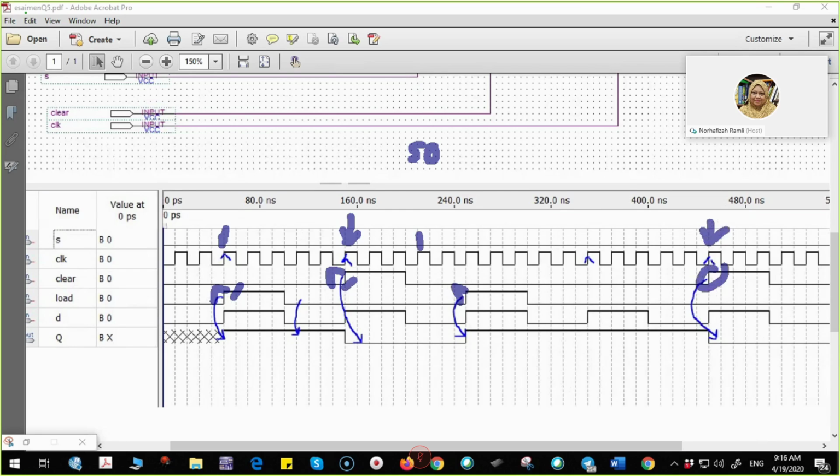That is why kita ada apa? We say about setup time and hold time. So the setup time, bermakna make sure if you want the input to activate the output, you have to set it before the triggering time. Okay? Yes, doctor. Just to show the positive figure, right?